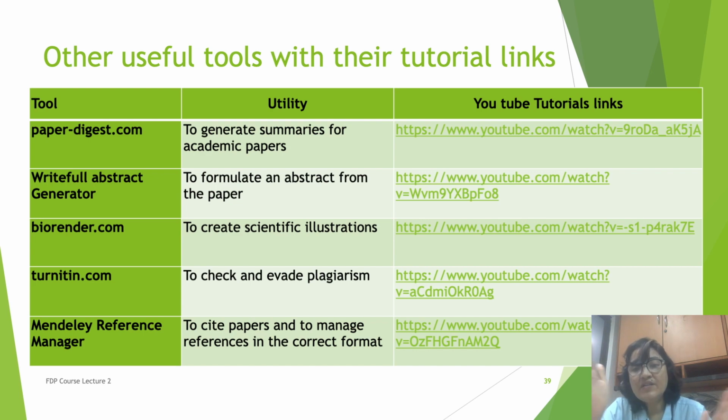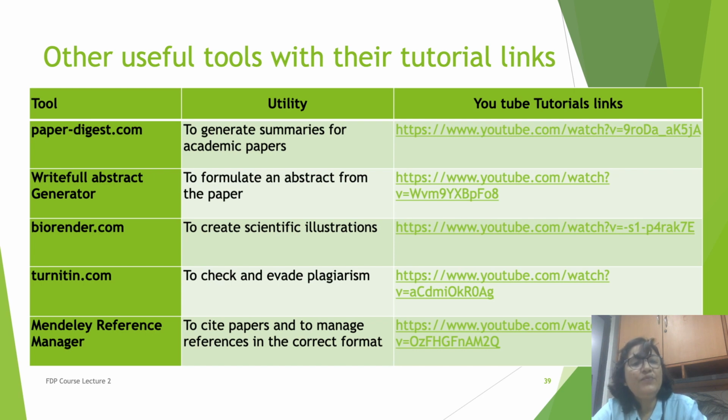You can generate summaries into one single document from 10, 20, 80, I mean hundreds of PDF papers. Okay, so this is paperdigest.com. So it makes a digest of it, like we used to go through digests, right, during our 10th and 12th. This helps you to make it in a smaller way, I mean in a compressed way.